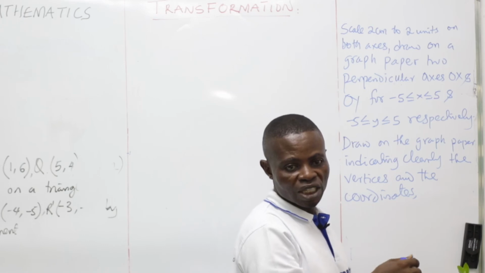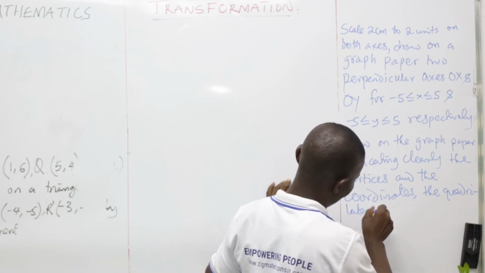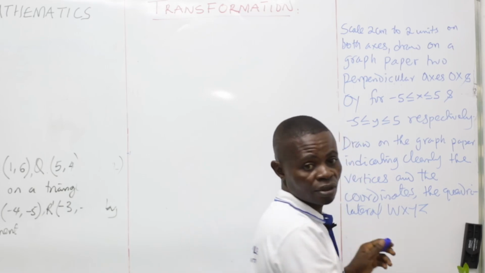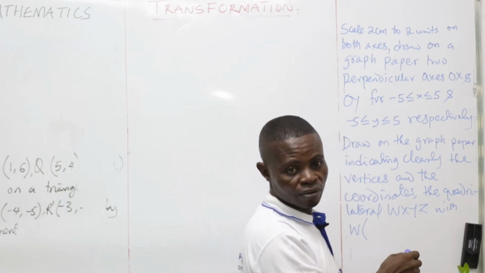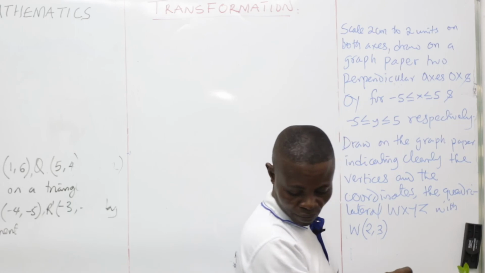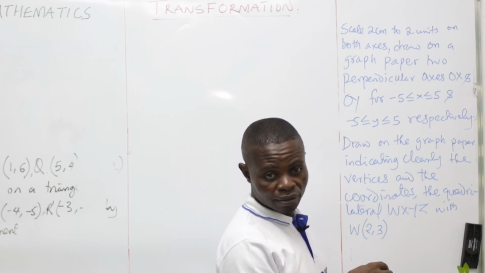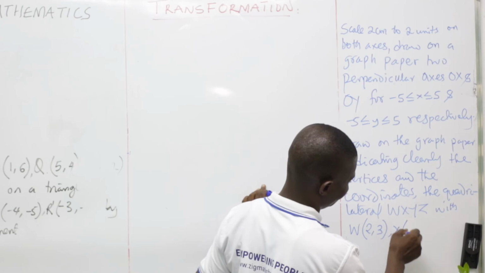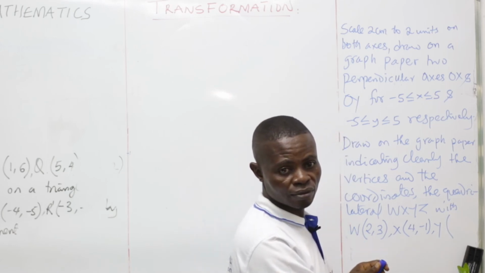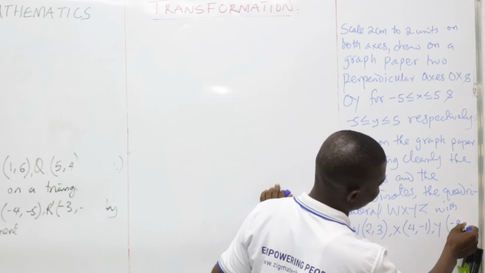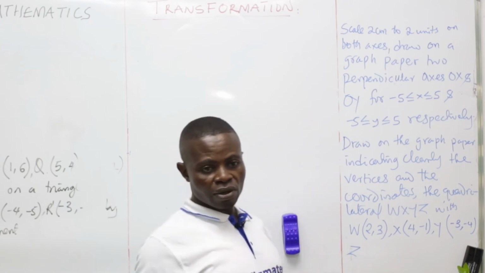The quadrilateral WXYZ, where W is (2, 3), X is (4, -1), Y is (-3, -4), and Z is (-3, 2).